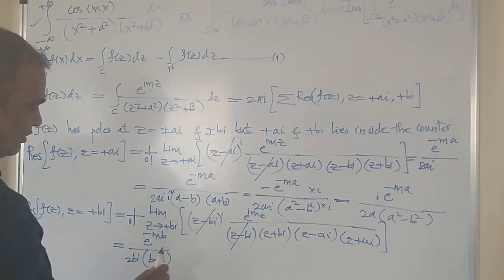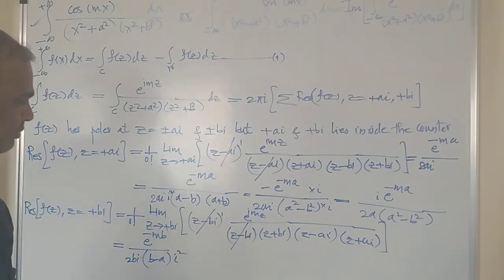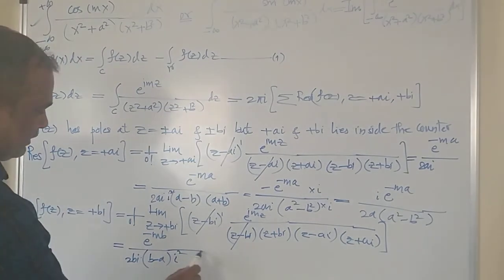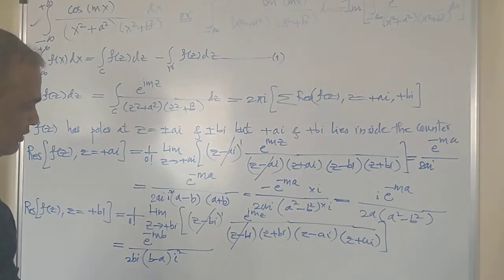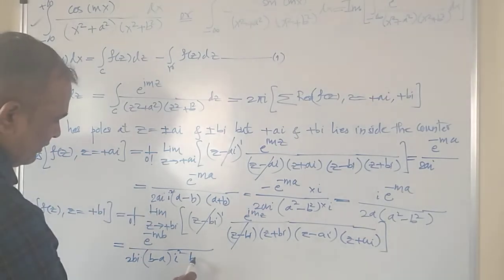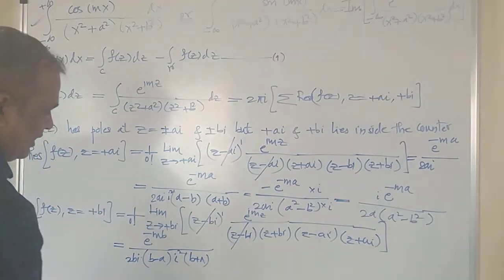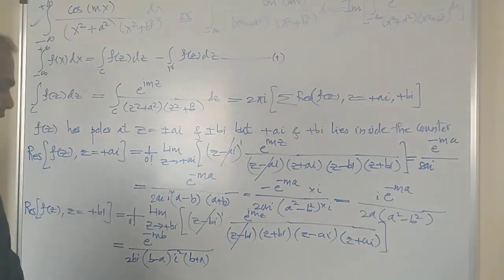Now this is taken out i common, and from the second bracket also I will take out i common. That will give you i squared and (z plus ai), that means (bi plus ai). I already took out i common, so (b plus a). Either you can note (a plus b) or (b plus a), that is okay.